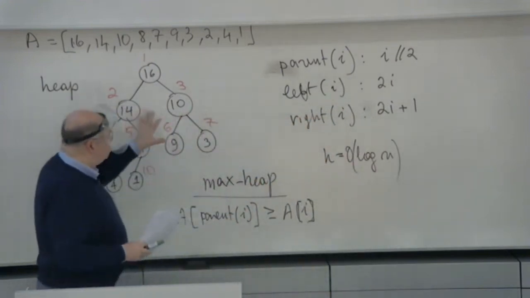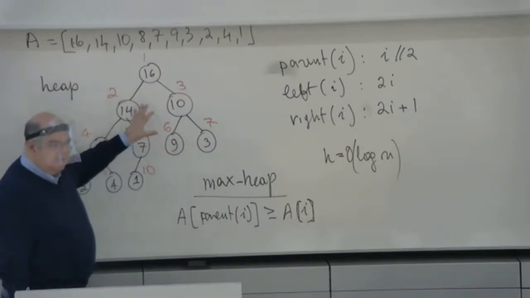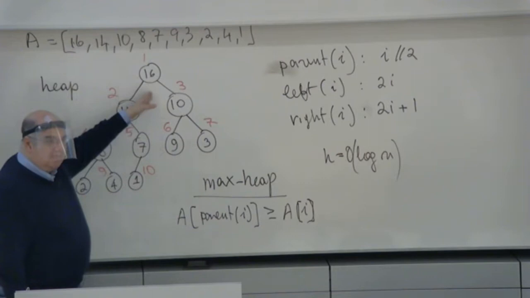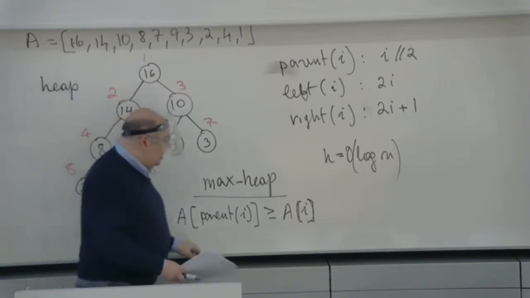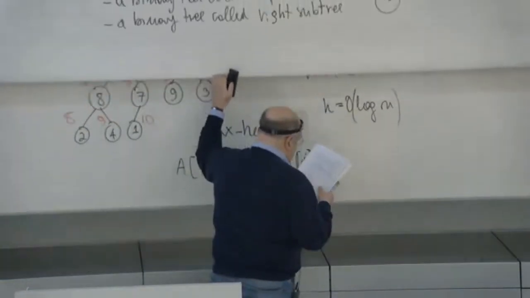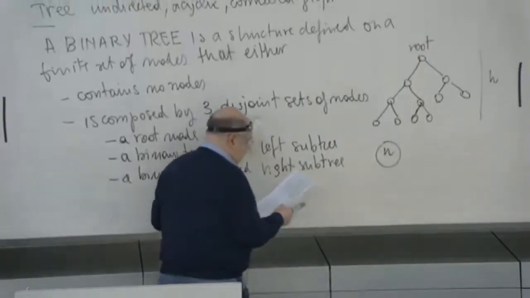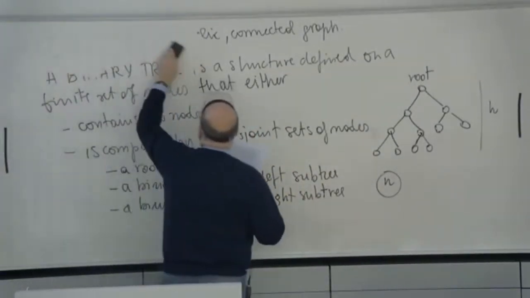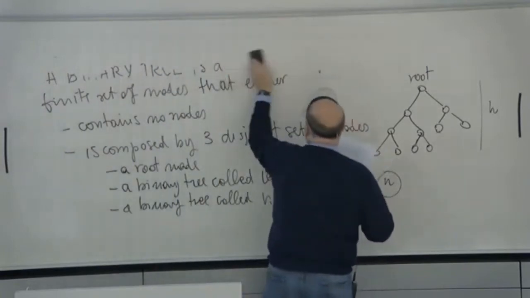Because when you have the heap property, there are some things that you can immediately get for free, for example the maximum of the array, which is the root. But in general you don't know, and so there is an algorithm which, following the book again, is called Max Heapify.